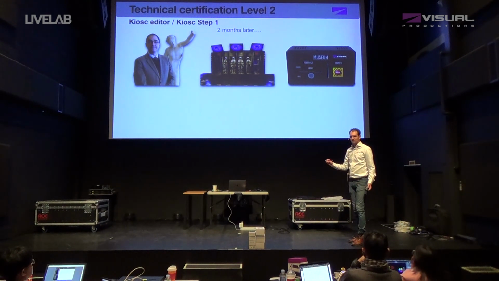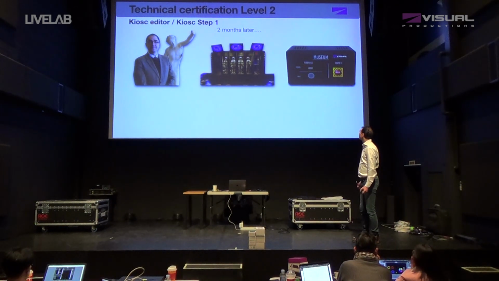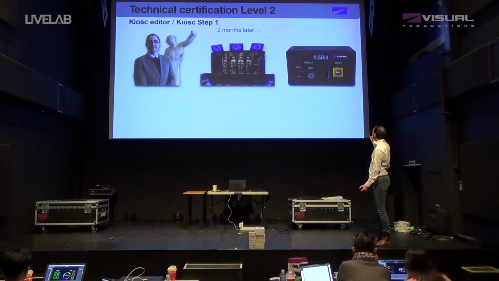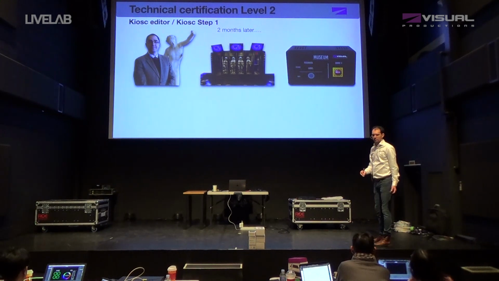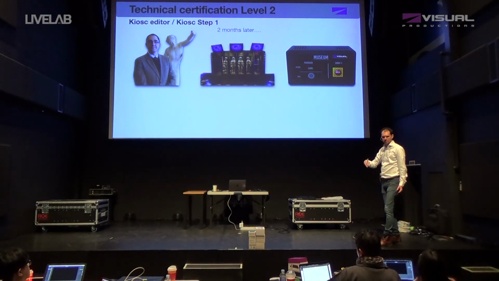So to control that, we're going to create a second page on our kiosk touch. So we're going to have one button to start the show and an indicator that will show if the show is running or not.